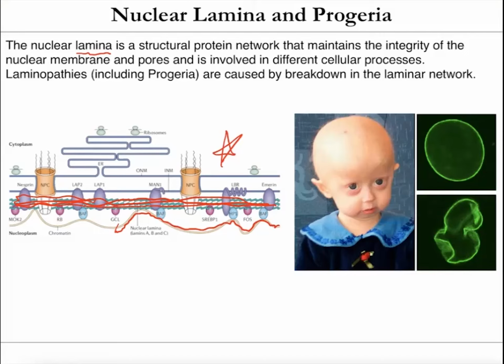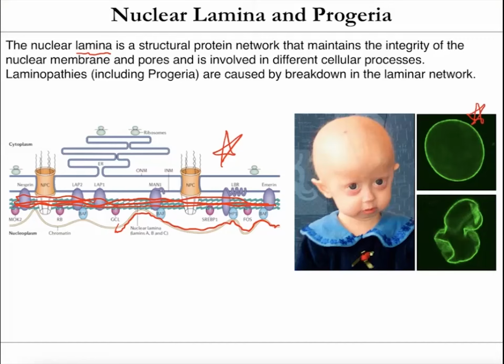Individuals are born with distinct features and distinct medical issues, and depending on the type of progeria, they can resemble very elderly people by the age of 20, and they do not live very long. So it's a very devastating disease. And it's a laminopathy, a mutation or an issue with the lamin that maintains the nuclear envelope.